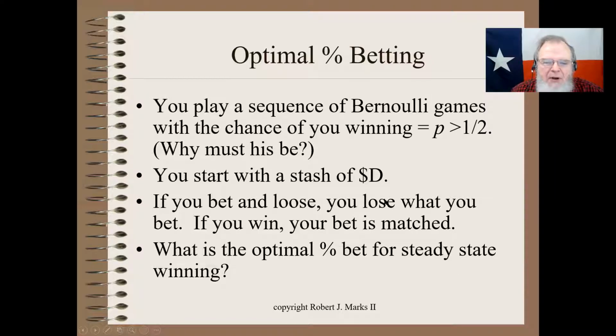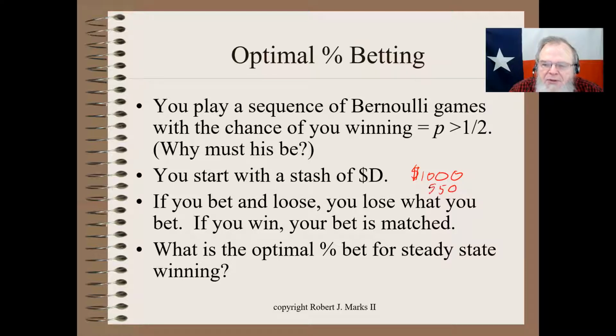And here's the problem. You start with a stash of D dollars. So I'm going to do a little bit of abusive notation here. You might start with something like, for example, $100, or maybe even $1,000. And if you bet and lose, you lose what you bet. So if you take out of this $1,000, you bet $50.